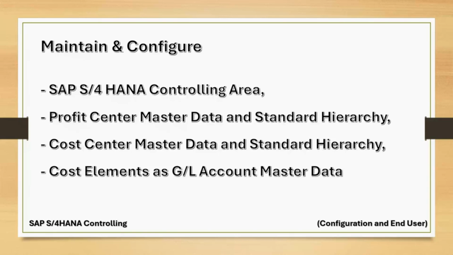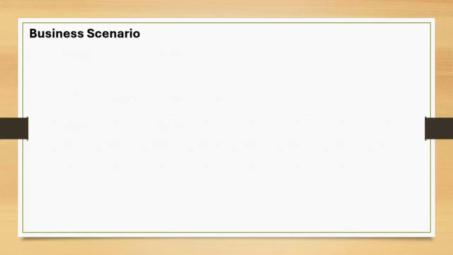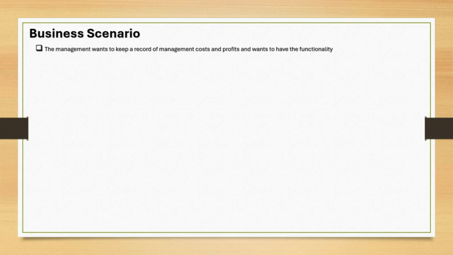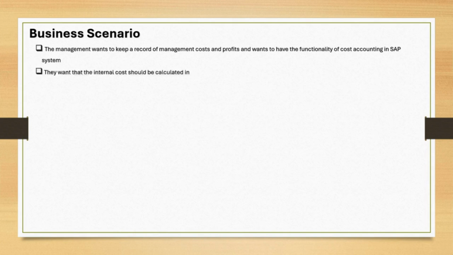So before I do that, here is the business scenario for why we need to create a controlling area: the management wants to keep a record of management costs and profits and wants to have the functionality of cost accounting in the SAP system. They want the internal cost to be calculated in US dollars, which is the global or group currency belonging to the parent company, that is the SU S1.